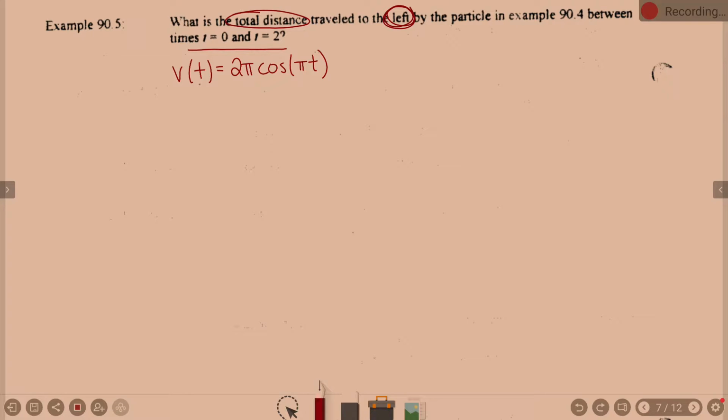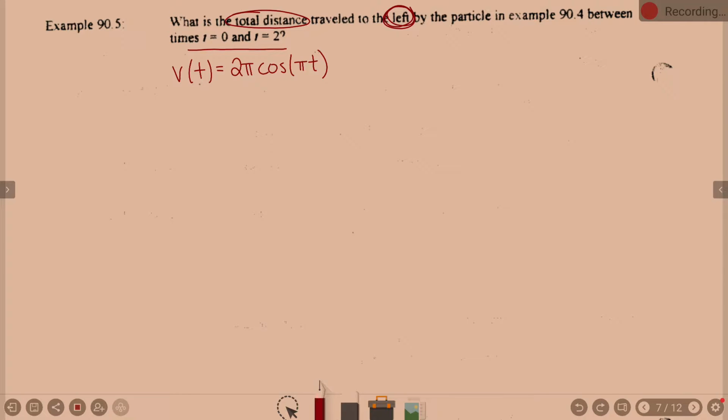Where are values negative? When it goes to the left. When we look on a graph, when are values negative? Under the x-axis, right? So in between zeros or halves.